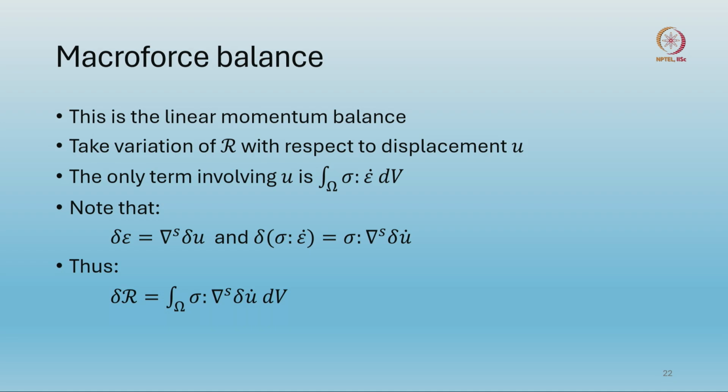Now the macroforce balance is a pretty simple exercise for us. Essentially this is nothing but the linear momentum balance. This is the same as always. So take the variation of the potential with respect to the displacement u. Now the only term that involves the displacement u, see that is why displacement is such an outside object. Outside means outside of the microstructure.